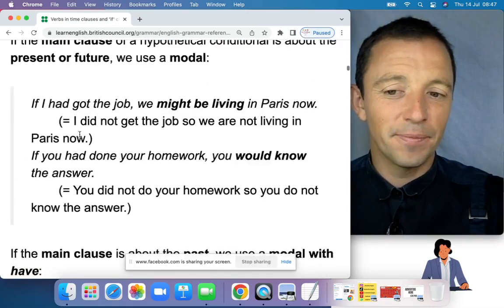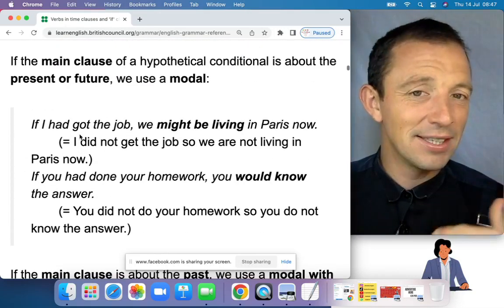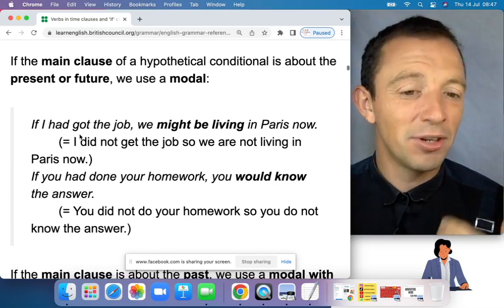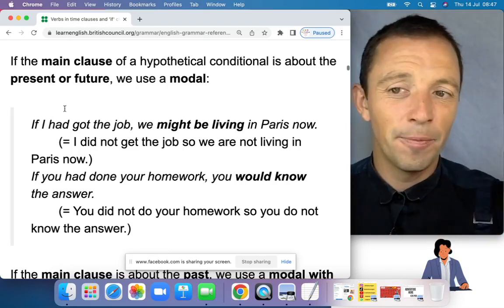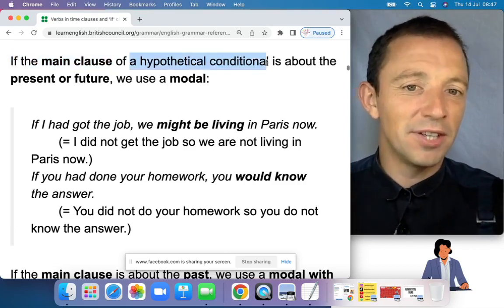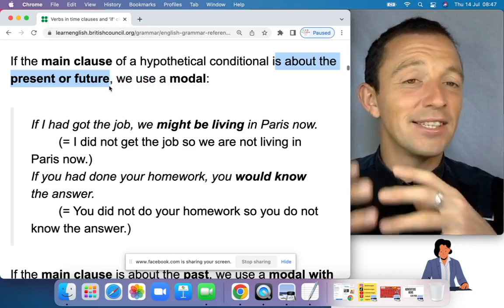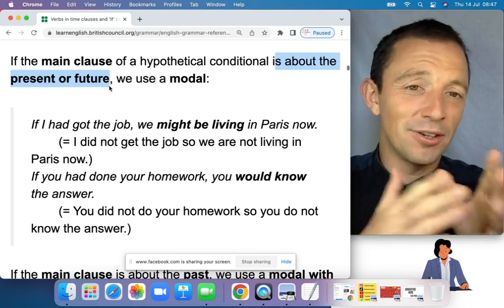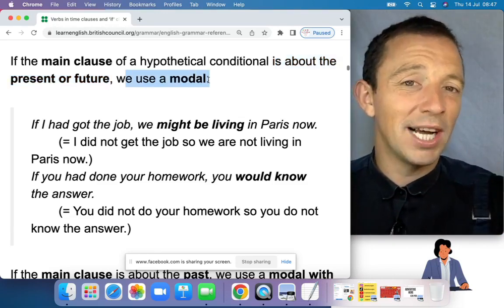Okay. Next lesson. We have a lot of lessons, so it's difficult to remember, but I recommend that you try to review this yourself and try to read this yourself. If the main clause of a hypothetical conditional is about the present or the future, we can use the modal.